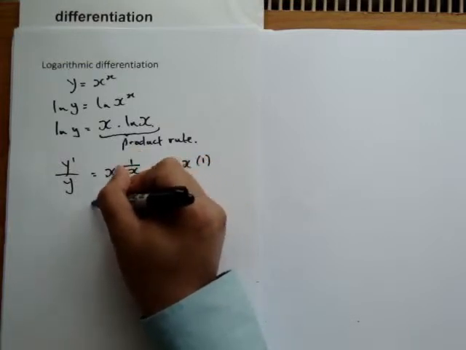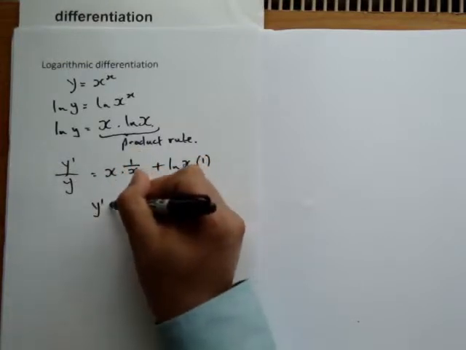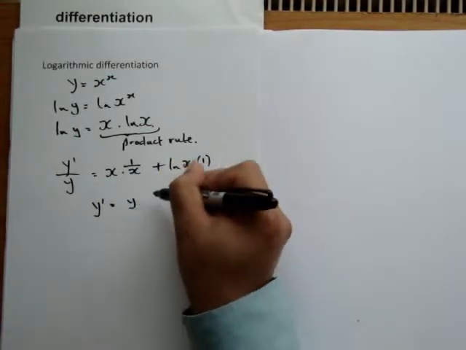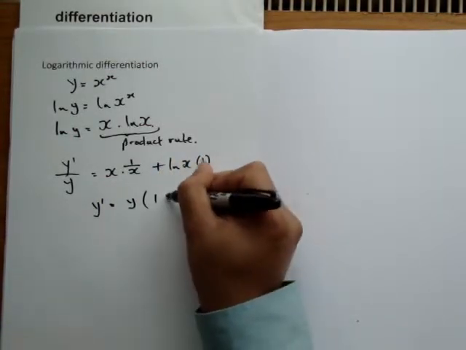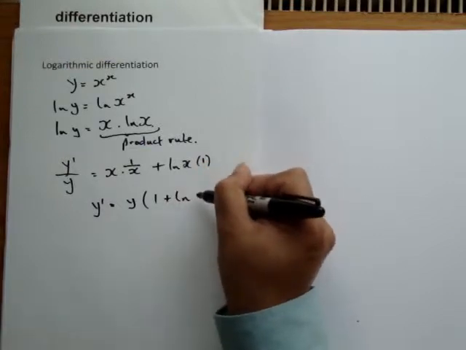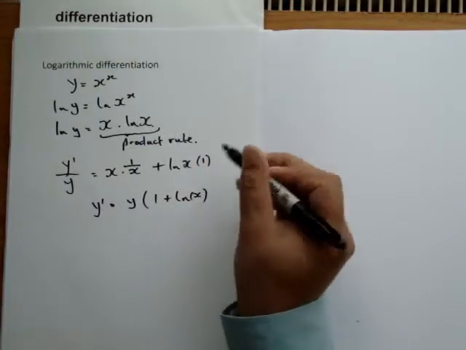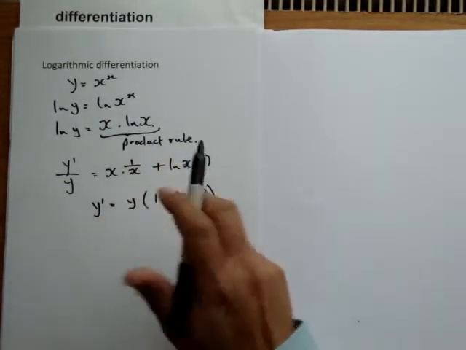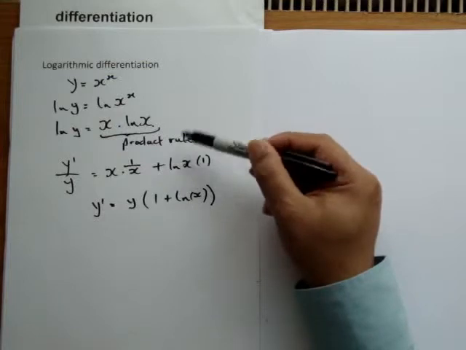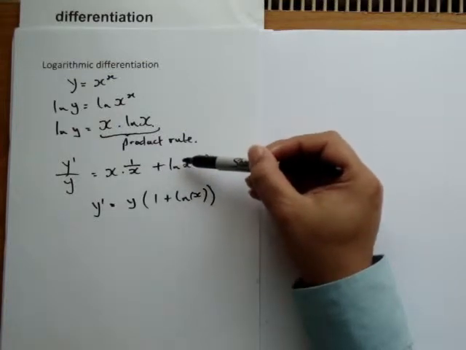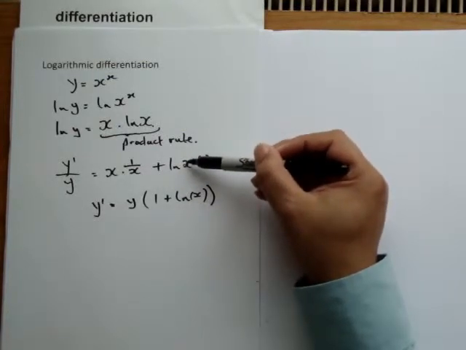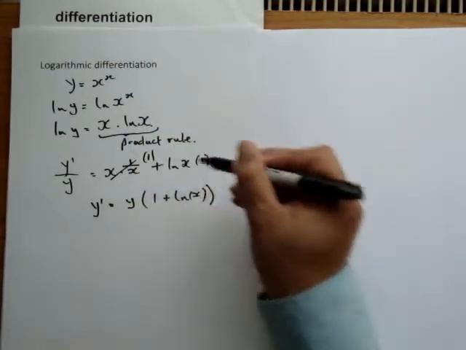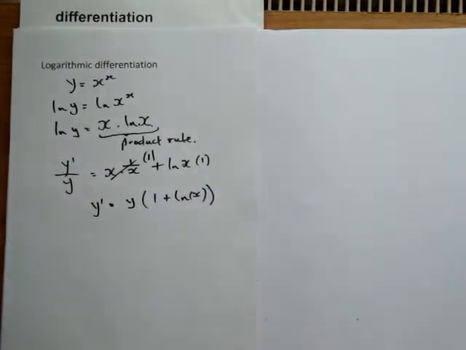So y prime equals y, 1 plus natural log of x. When we multiply the x by the 1 over x, we get 1, so we're just left with 1, so this becomes 1 plus natural log of x.